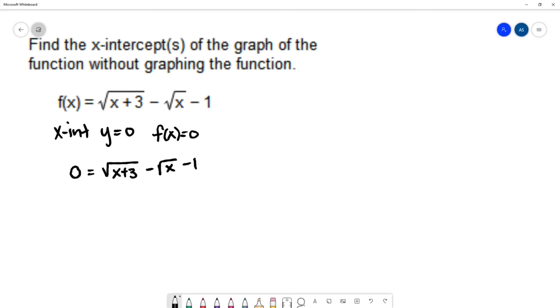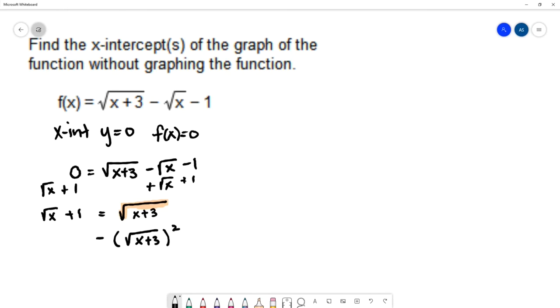So I'm going to isolate the square root of x plus 3. So let's add square root of x on both sides. Let's add 1 on both sides. And that gives square root of x plus 3 on the right and square root of x plus 1 on the left. So now that I've got that radical isolated on one side, I'm going to do the opposite operation to get rid of it. The opposite of square root is squaring.